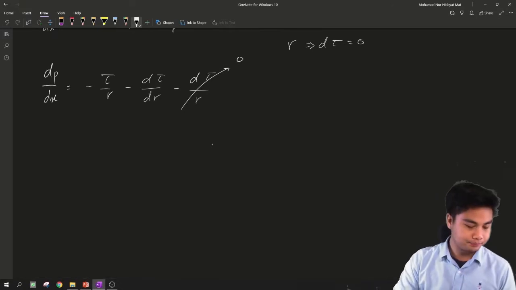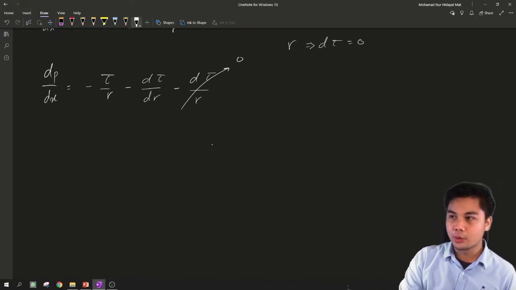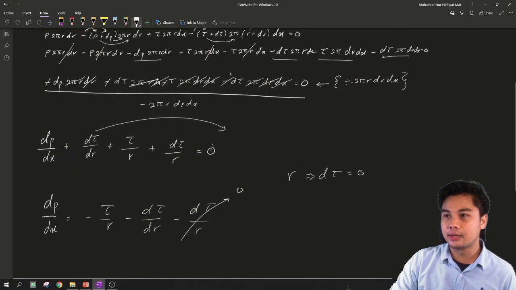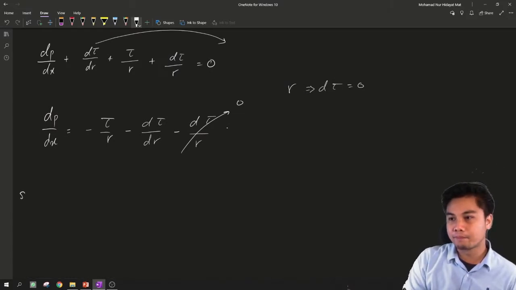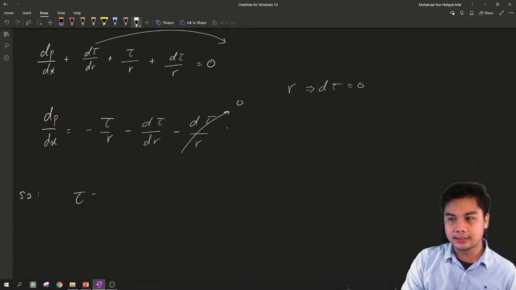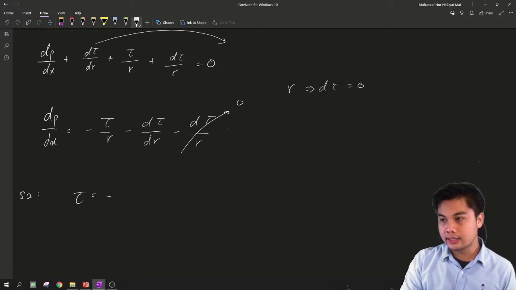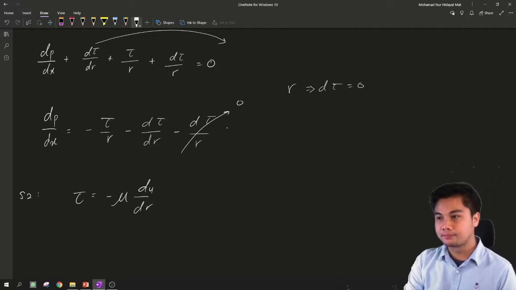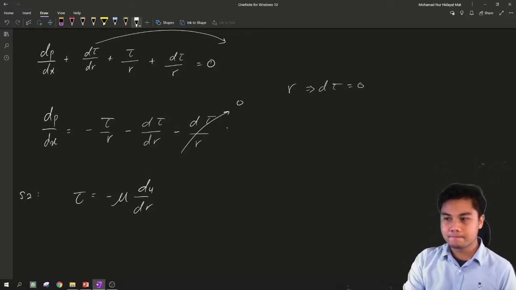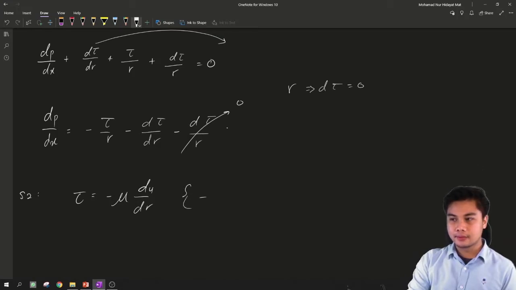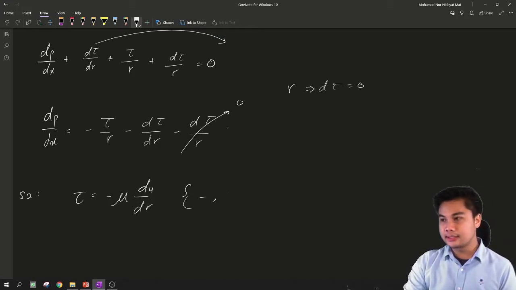So from here, we know that this is step number 1. Step number 2, we know that tau is actually negative mu du over dr. Right? So from here, negative means it is near the outer wall.